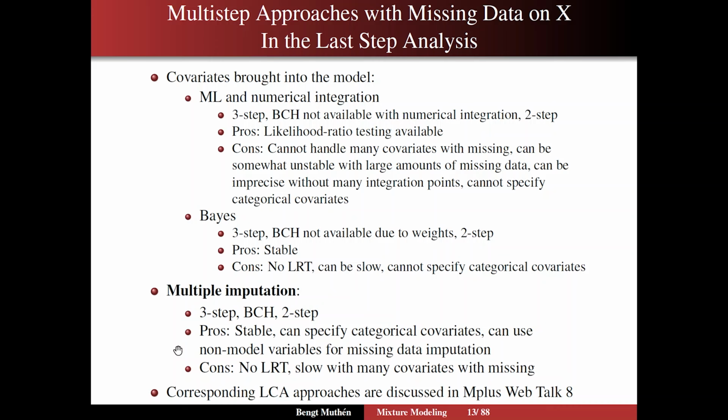That is, variables that are not part of the model but nevertheless can be contributing useful information for the missing data imputation. And the disadvantage is then that we don't have the likelihood ratio testing worked out for the multiple imputation approach, and it can be slow with many covariates that have missing. So if you don't have a lot of missing, you may not want to get into these methods at all.